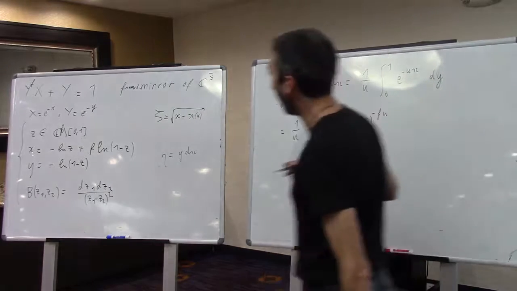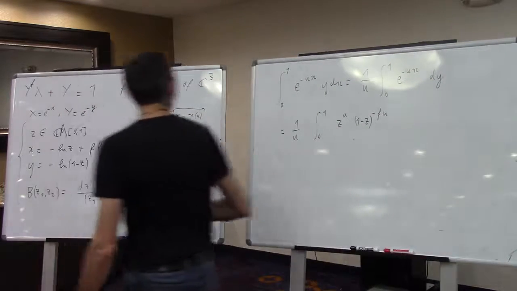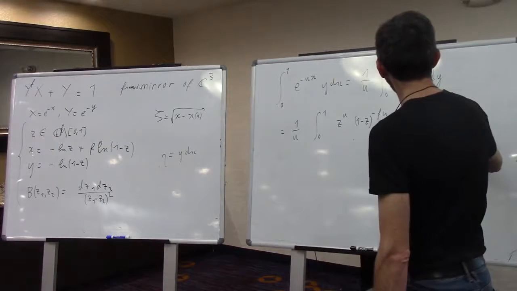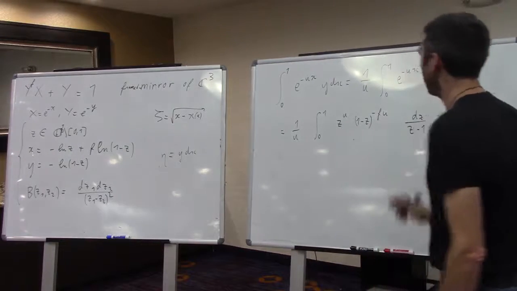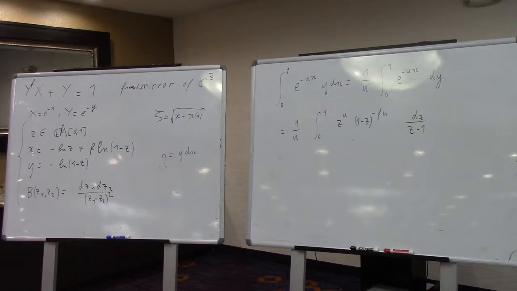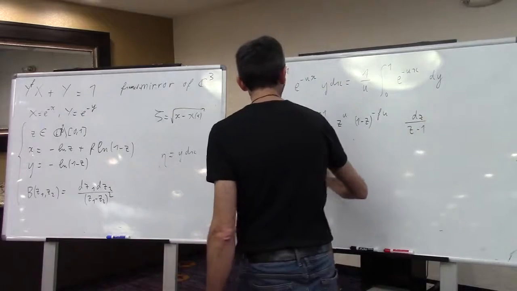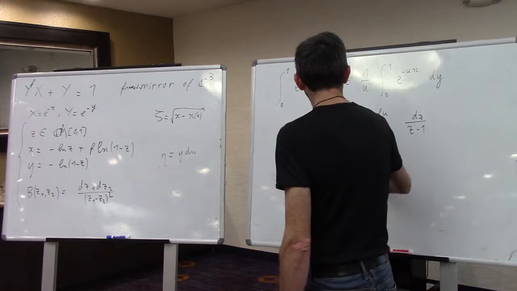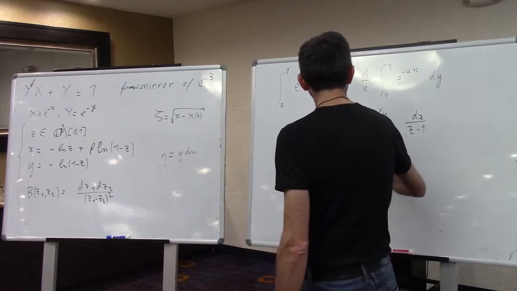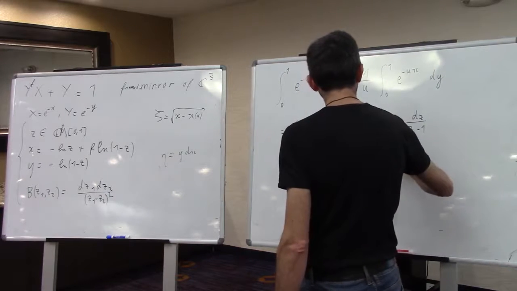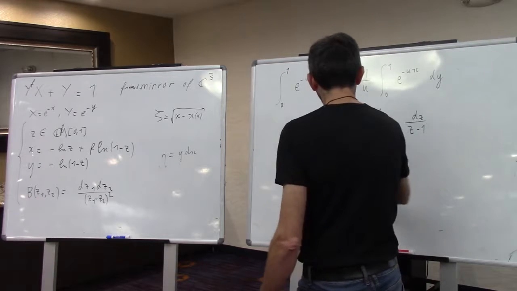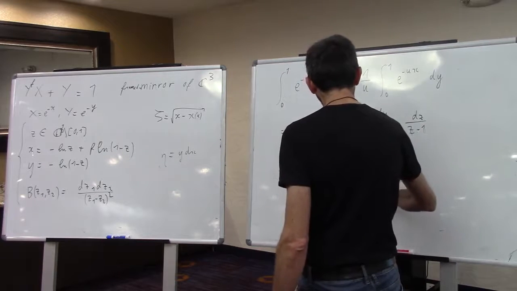And what is dy? dy is z over z minus 1. Okay? And you recognize the Euler beta function. And this is 1 over u, gamma of u plus 1, gamma of minus fu, over gamma of u plus 1 minus fu.